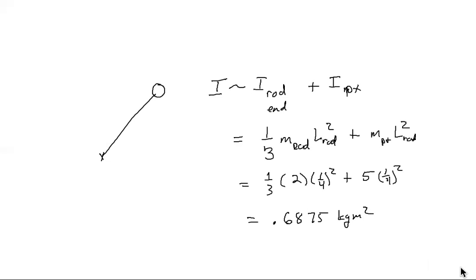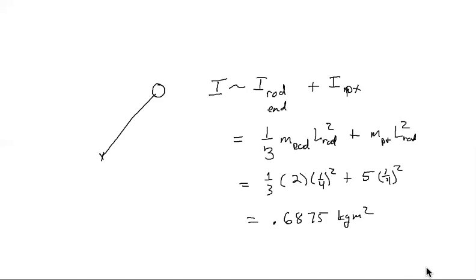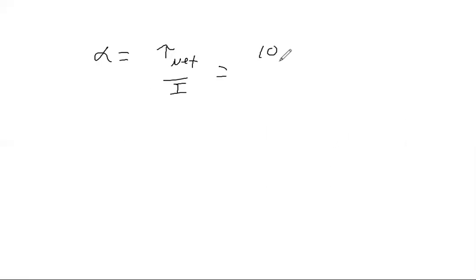So now we know the moment of inertia, and we can solve for the angular acceleration. The angular acceleration is simply going to be the net torque divided by I, so that's 10.4 divided by 0.6875, and I get alpha to be 15.13 radians per second squared.